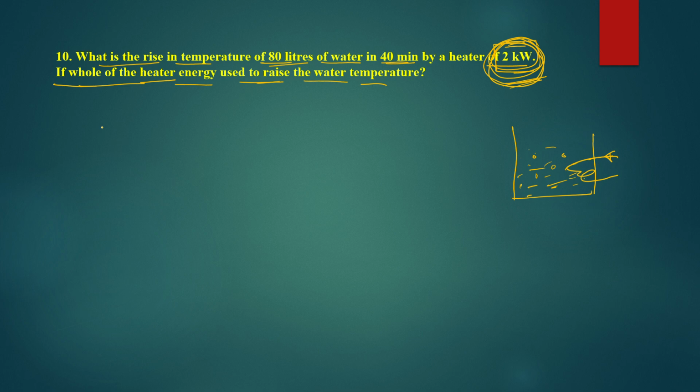Whatever amount of energy we are supplying to the system is used to raise the temperature of the water. That simply means the amount of energy which we are supplying is consumed in the temperature rise of the water. So basically we are converting this energy into the internal energy of water, right? We are given this much work, W, in kilowatt, so work per unit time. We know the unit of work is joule, right? Here we are writing this in terms of watt, which means we are talking about power, right?